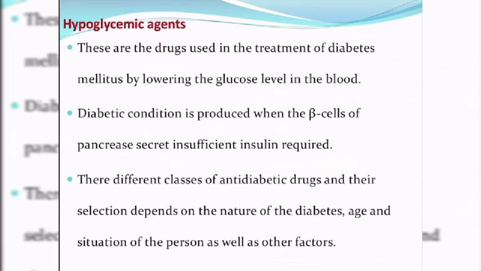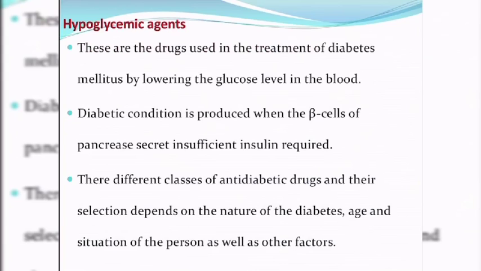That means insufficient secretion of insulin reduces glucose metabolism and causes type 1 diabetes mellitus. Or, due to obesity also, diabetes mellitus can be caused.